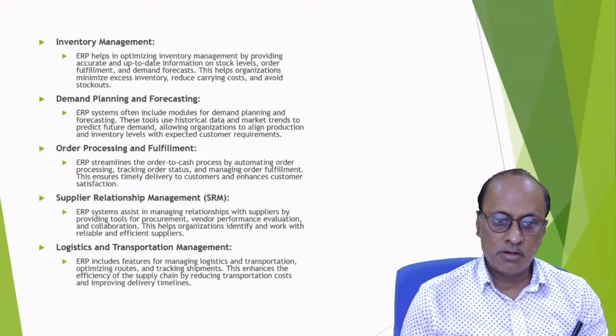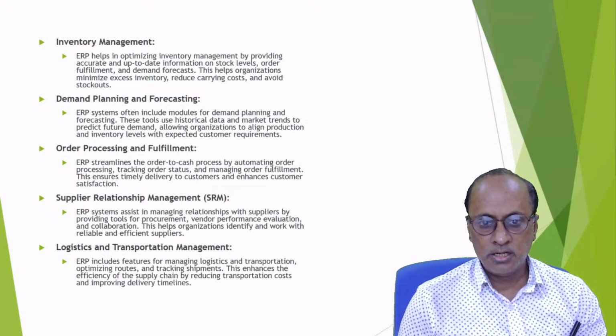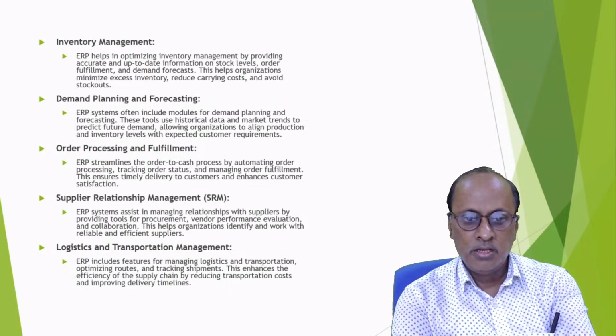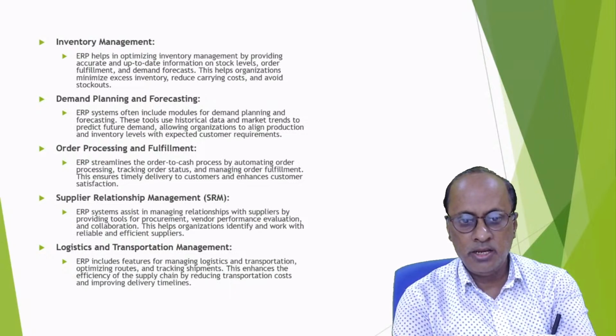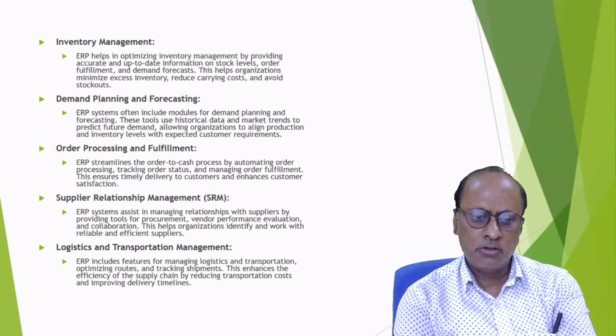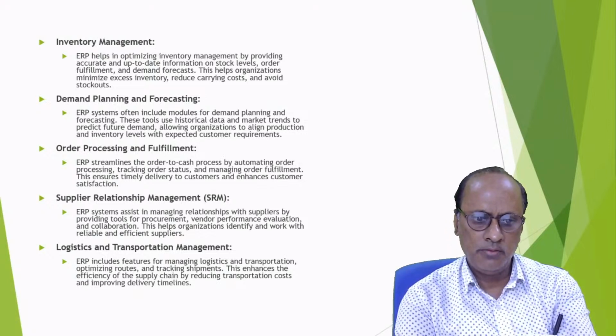ERP systems often include modules for demand planning and forecasting. These tools use historical data and market trends to predict future demand, allowing organizations to align production and inventory levels with expected customer requirements.